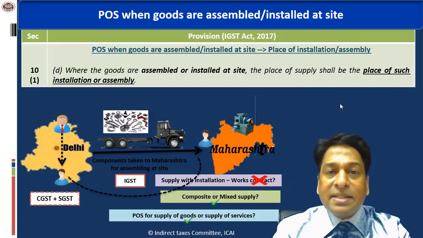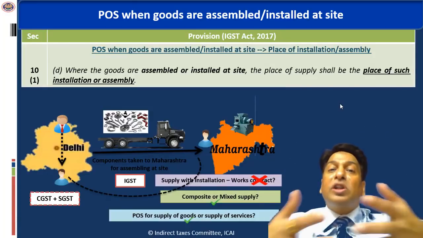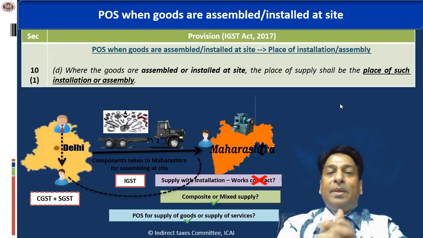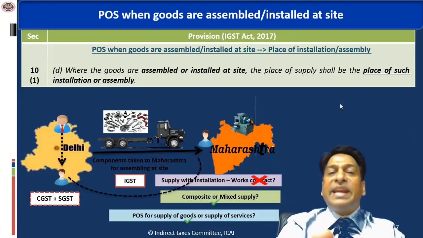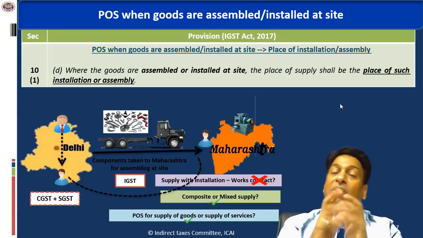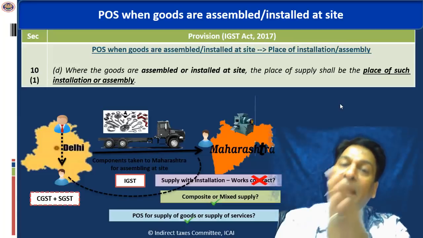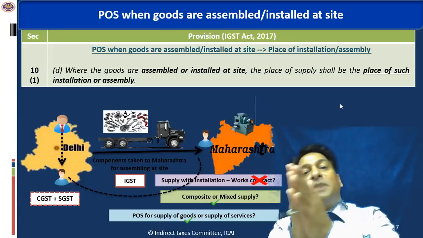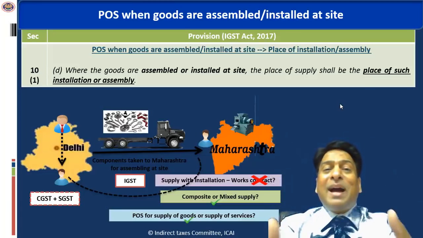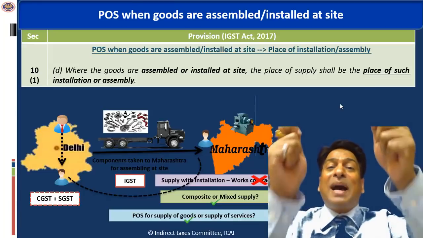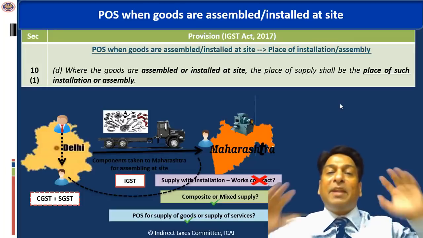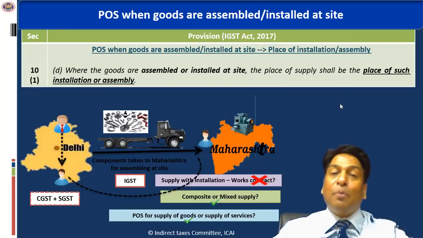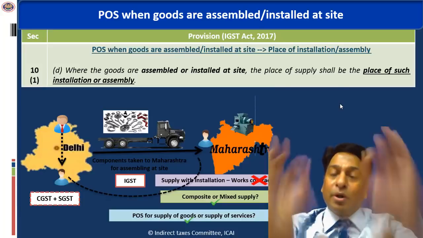Second, is it composite supply? Of course, yes. Two or more taxable supplies naturally bundled in conjunction with each other, then it can be composite supply. Then is it a composite supply of what? Supply of goods or supply of services. Principal supply in this case is supply of components. There is a supply of goods. So it would be taxable as a composite supply of goods.